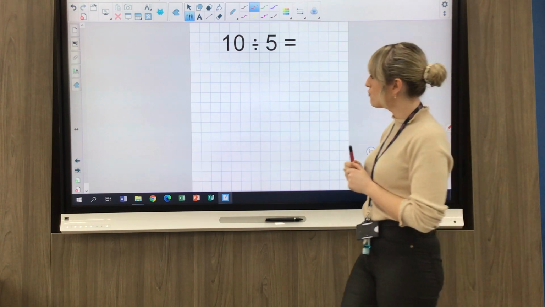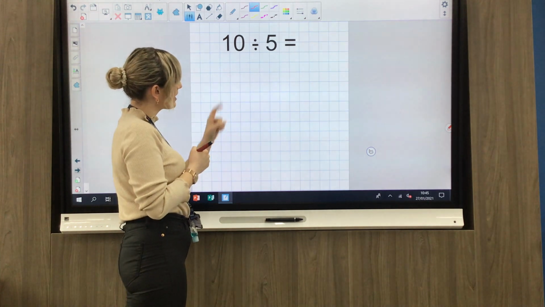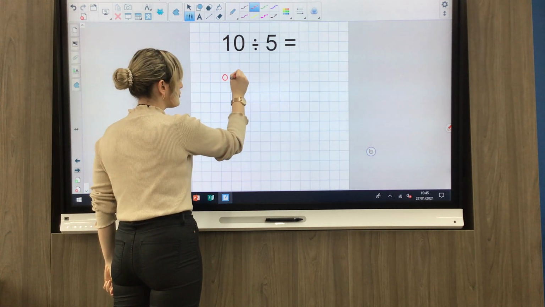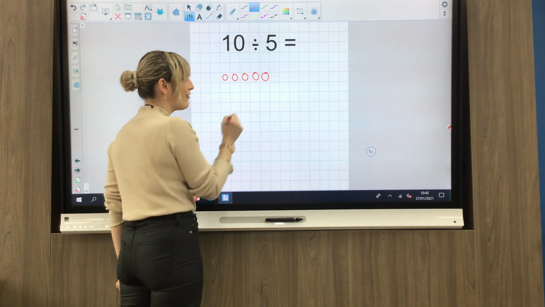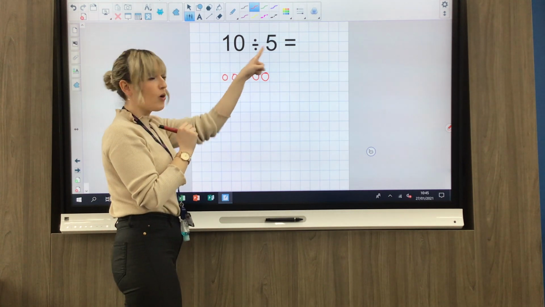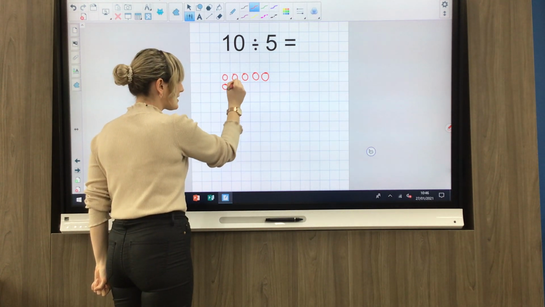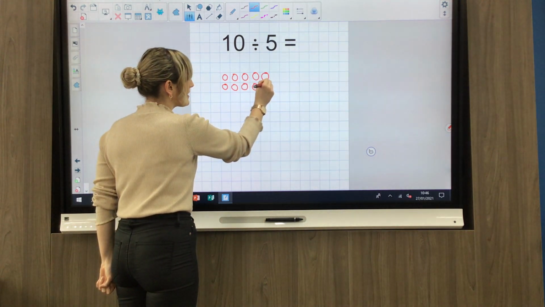If I was to draw that, I would draw 10 circles and put them into groups of 5. So I'd go 1, 2, 3, 4, 5. I'm going to stop there because that's one group of 5. Then I'm going to carry on. 6, 7, 8, 9, 10.